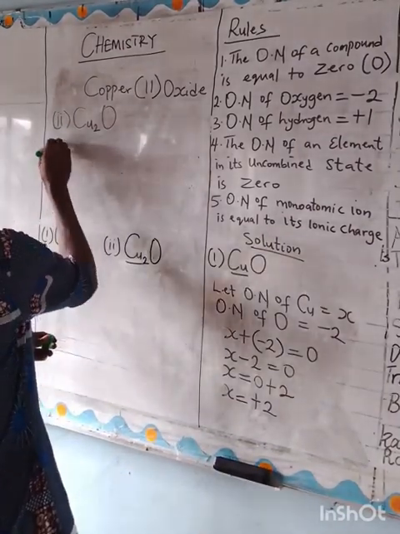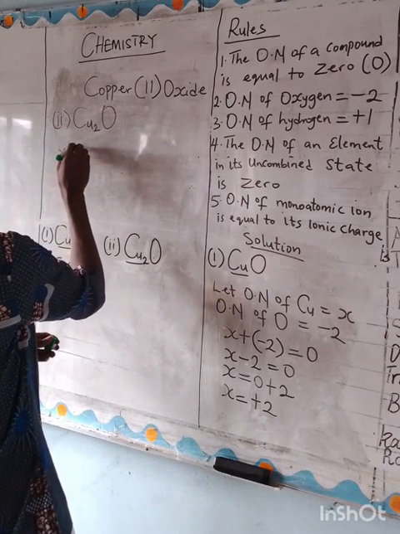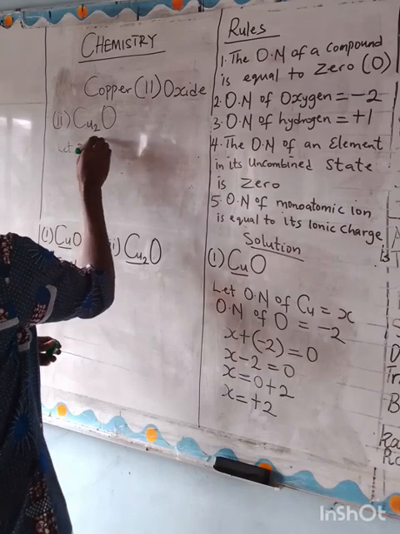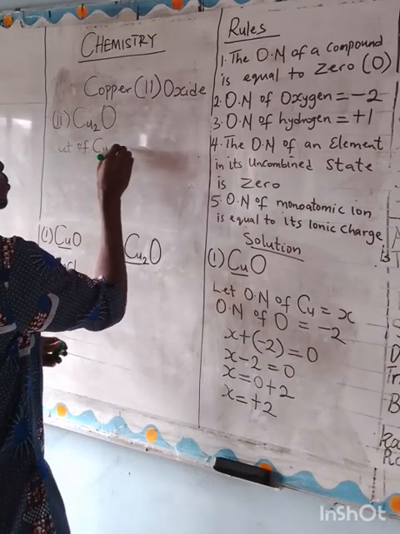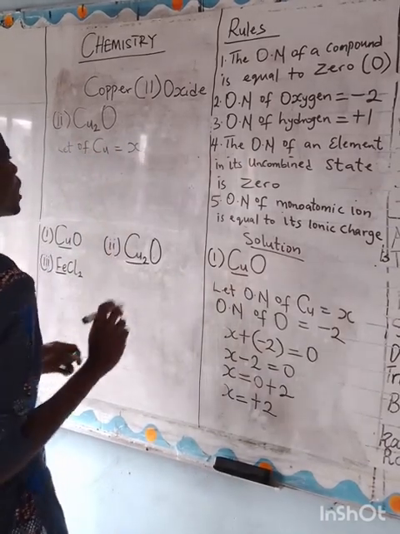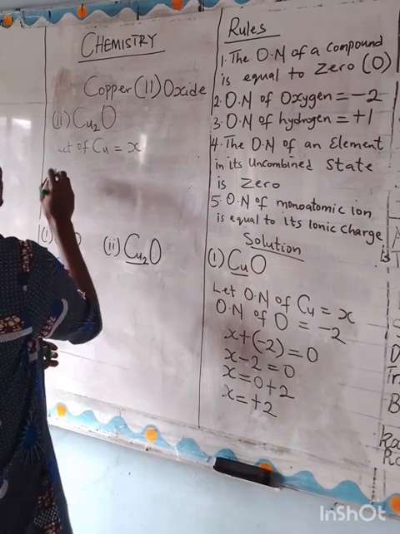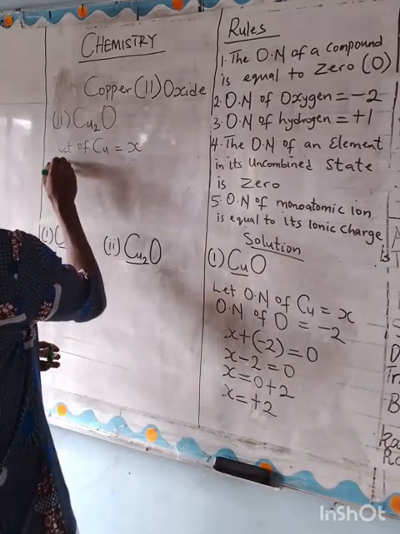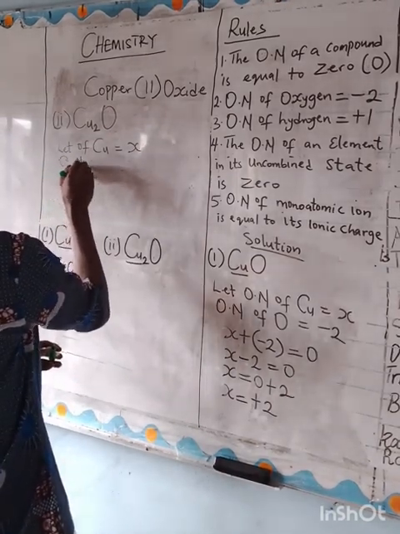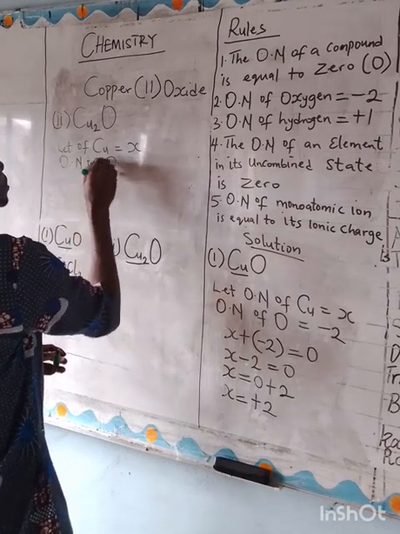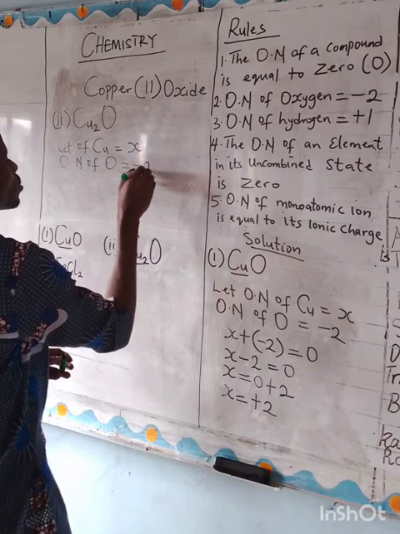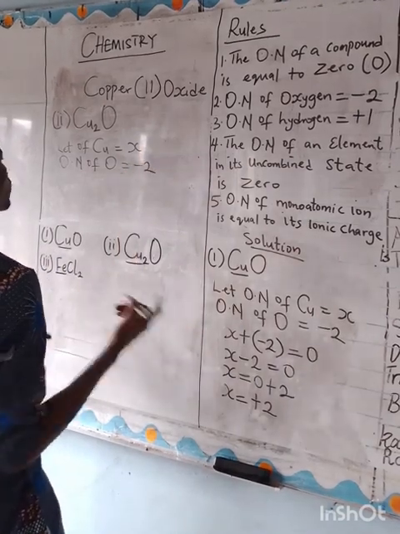Let the oxidation number of copper be equal to X again. Are you following now? I hope you can see the board. Remember that the oxidation number of oxygen is equal to what? Minus 2. So let's put them together.